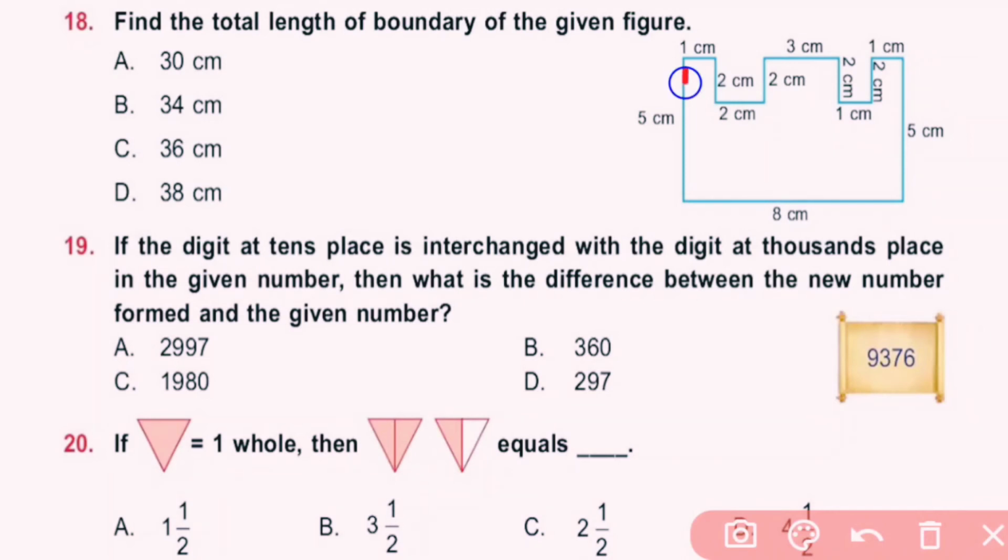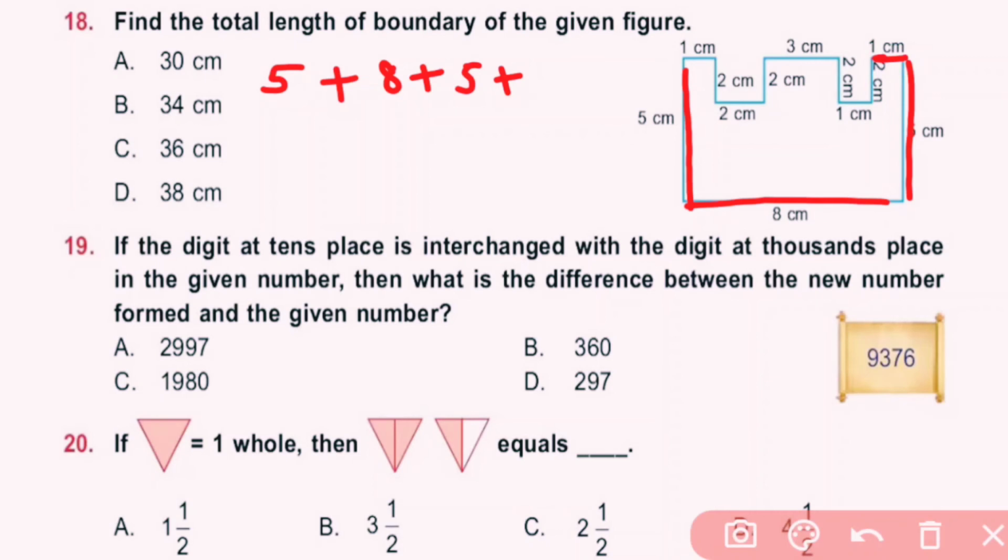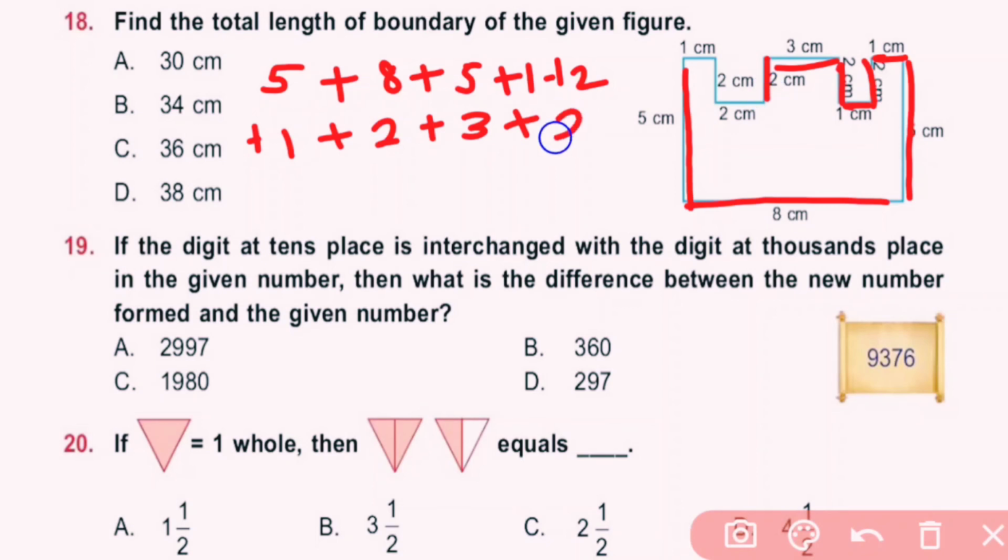Now we first add this 5 centimeter plus this 8 centimeter plus this 5 plus this 1 plus this 2, then this 1, this 2, then this 3, again 2, here again 2, plus this 2 and this 1.